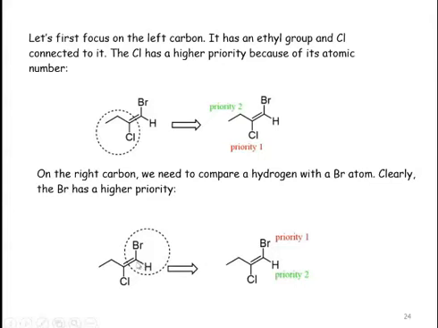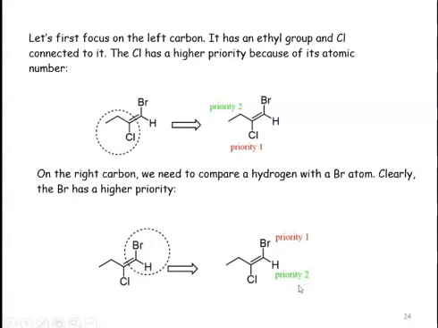Next, we will see the next doubly bonded carbon atom. If we compare the priority of these two atoms, we can say bromine has got higher priority, hence priority 1. Hydrogen has got lower priority, hence priority 2.